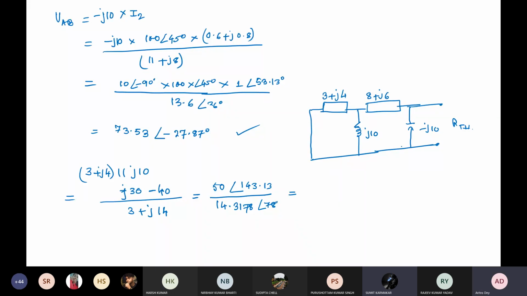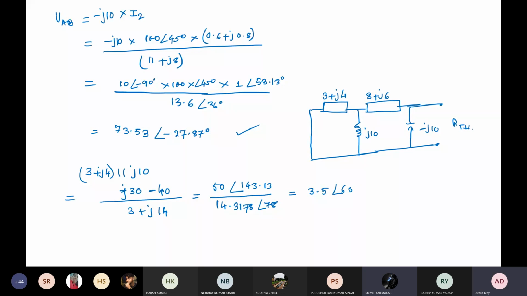So once you solve it, 50 divided by 14.3178. So this is 3.5 angle 143.13 minus 78. So this has come out to be 65.